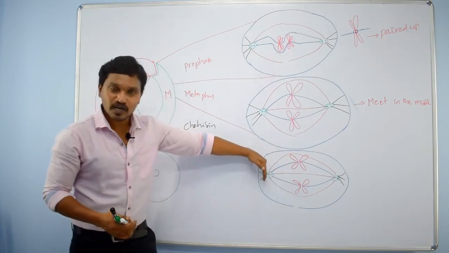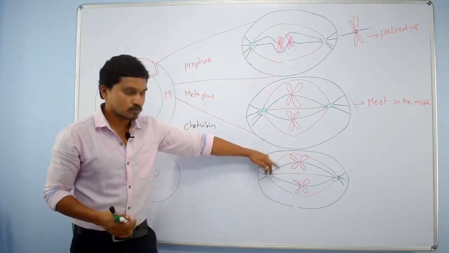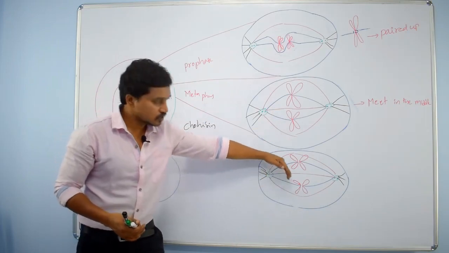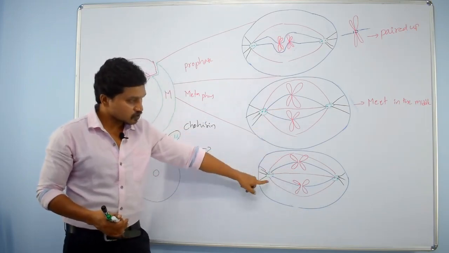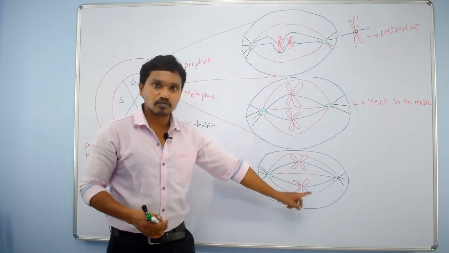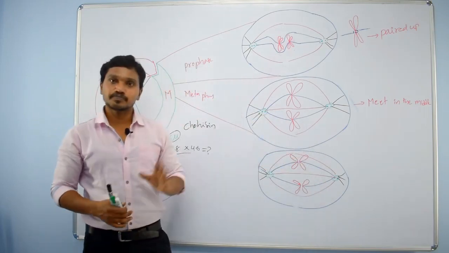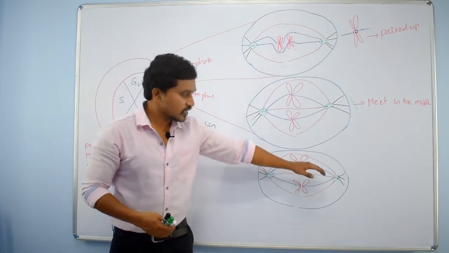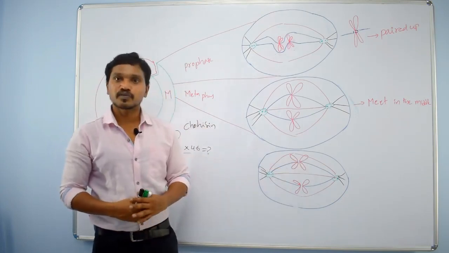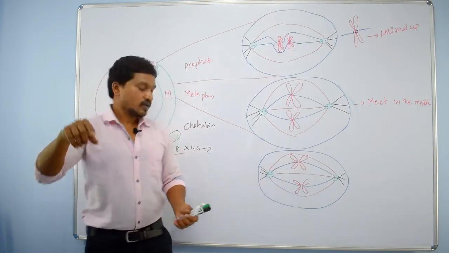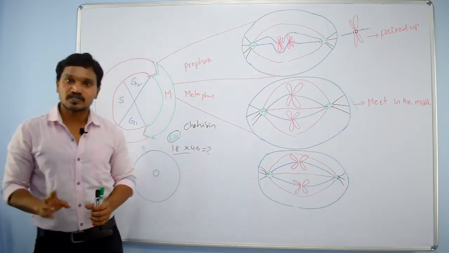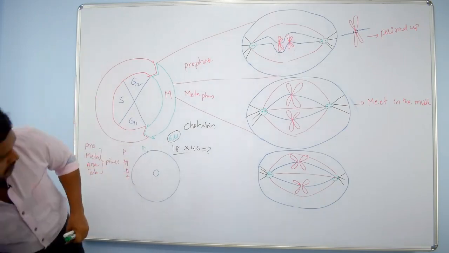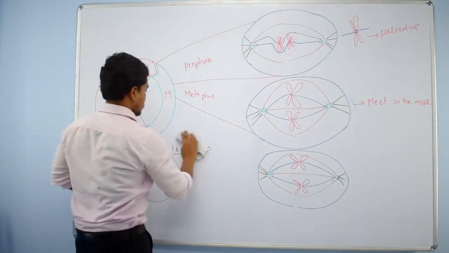This half of the daughter chromosomes, before sister chromatids, now daughter chromosomes, come to this pole, and the other half of the daughter chromosomes will go to that pole, right? Once they reach their poles, then telophase will start. Up to this is anaphase.